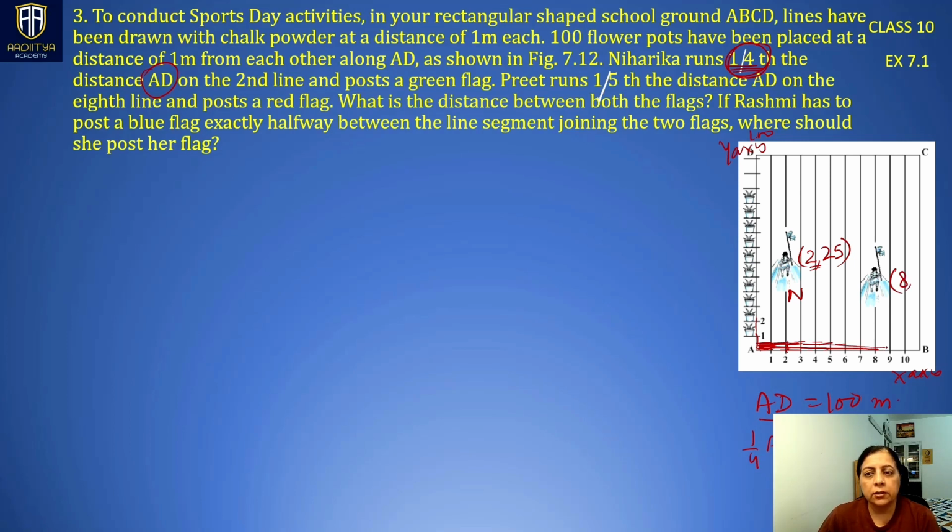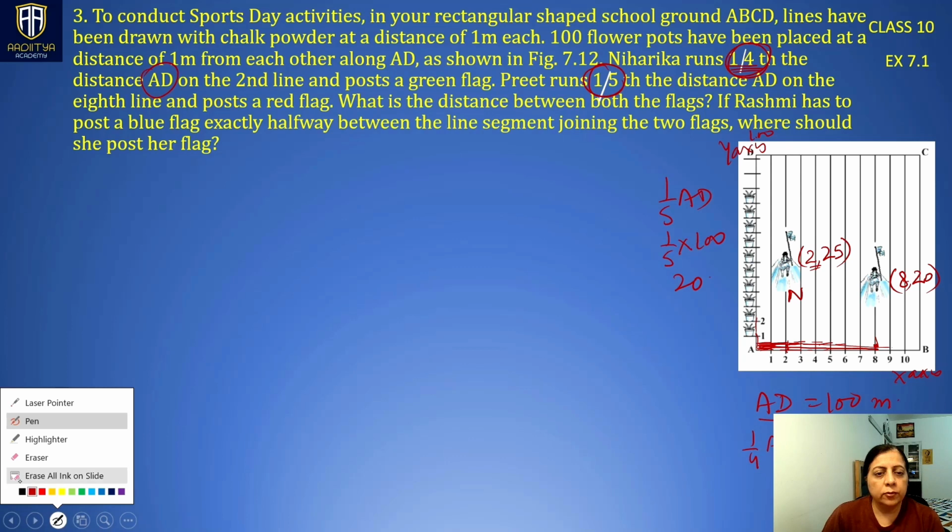She is on the 8th line from this point A. So x coordinate becomes 8 and she is running 1/5 of the total distance AD. So that means 1/5 of AD, 1/5 of 100, that means 20. So her y coordinate becomes 20, right?